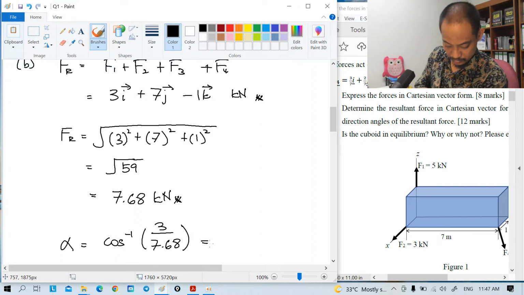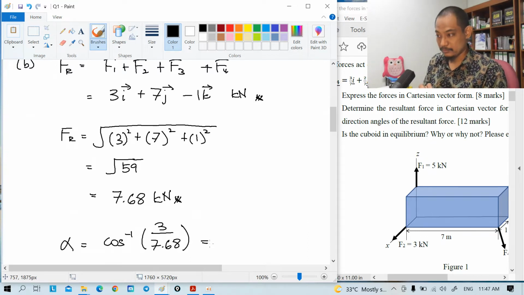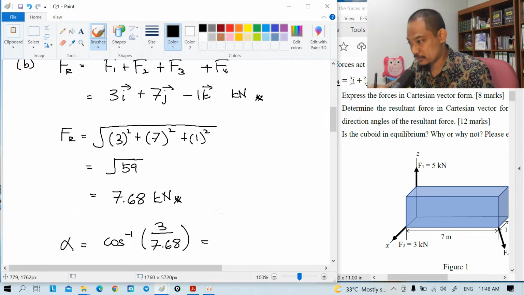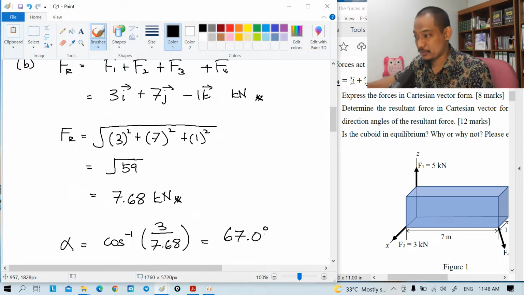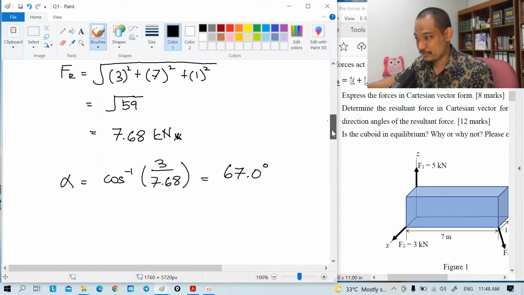Okay, my calculator is not clear, 3 over 7.68, 67 degrees, 67.0 degrees.